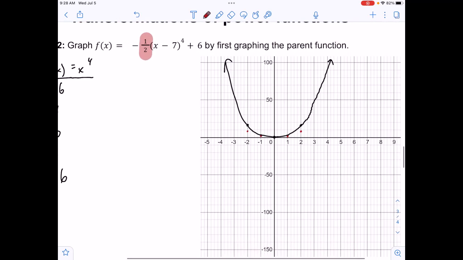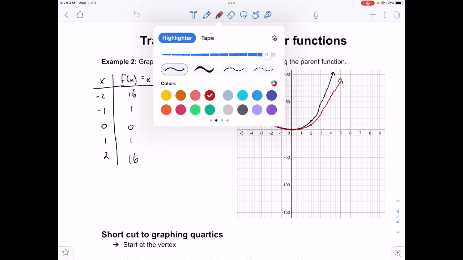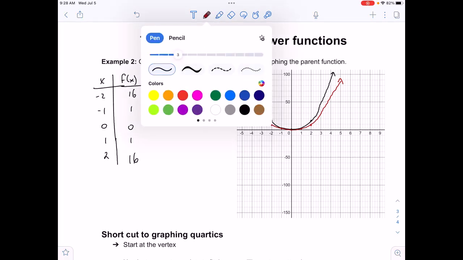And then we will graph. Then I'm going to do my reflection out front there as well, and it's going to be flipped upside down. Actually, I'll do that guy in pink.